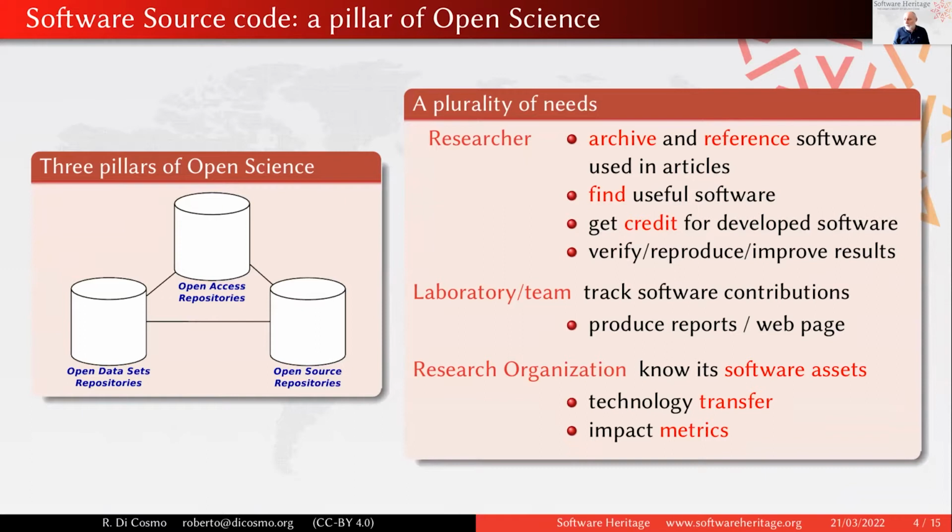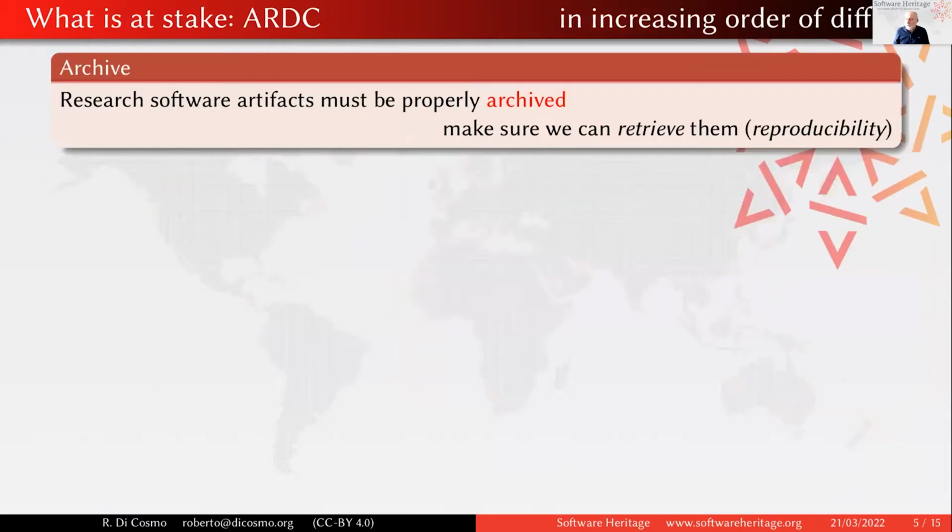Now, if you want to do this, you discover that you need to address 4 key needs, okay, that I'm proposing here to look at in order of increasing difficulty. One is archival: where should I put my software in such a way it doesn't go away. And remember, code hosting platforms are not archives. They can be closed down, or the software can be erased and moved elsewhere.